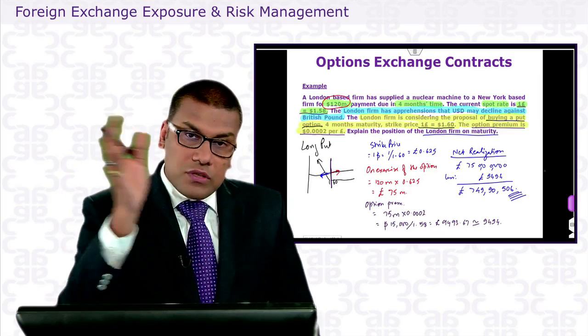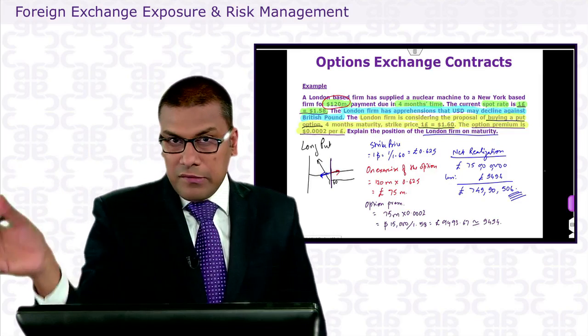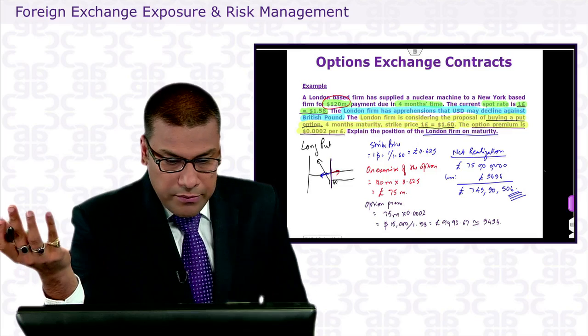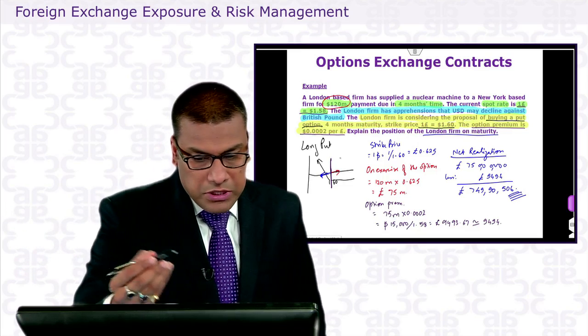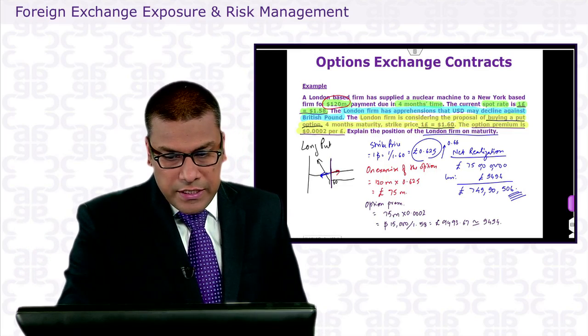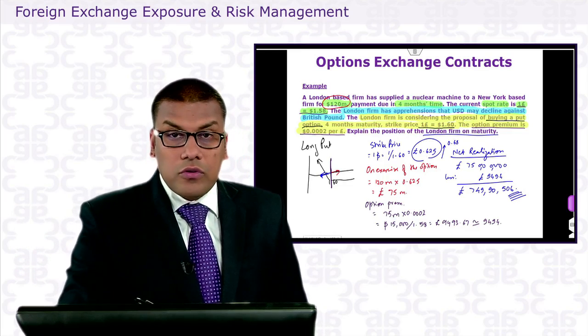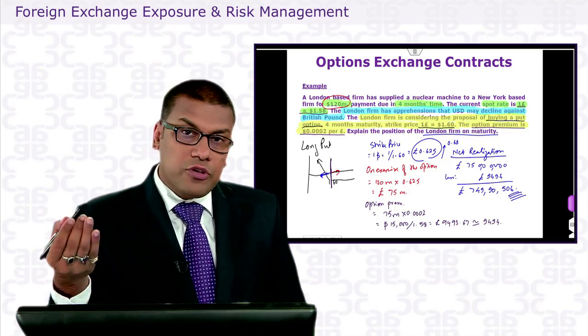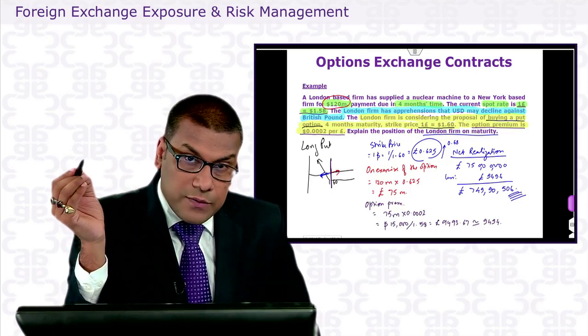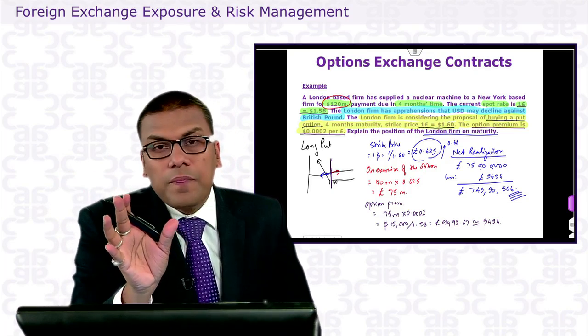If it goes up, he will forego this right, exercise at the market rate, and make added profit. Suppose for instance the rate goes up and becomes 0.68 or something, then he would forego the put option and exercise at 0.68 and make a higher realization than 749 lakhs or so as pound sterling. So that is what would happen.